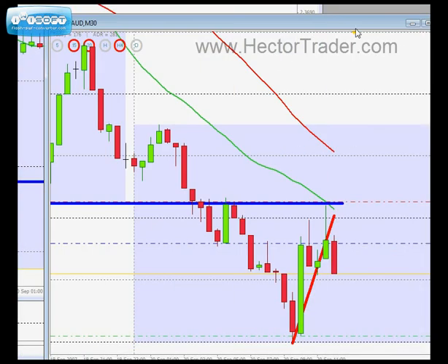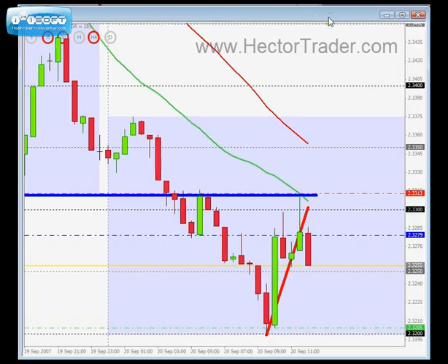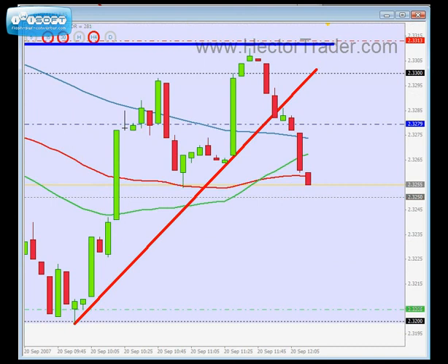Well, so we are seeing the clear GBP weakness across the board in different GBP crosses, despite the fact that the news was positive for the sterling pound. That made me believe that this market wants to go down, wants to go short, and well, I'm joining them up.